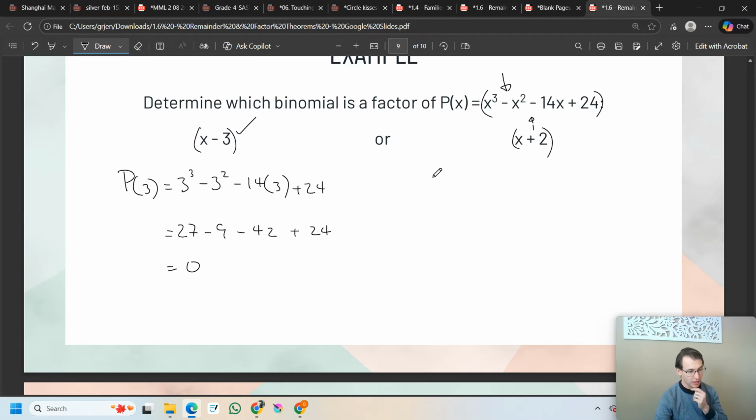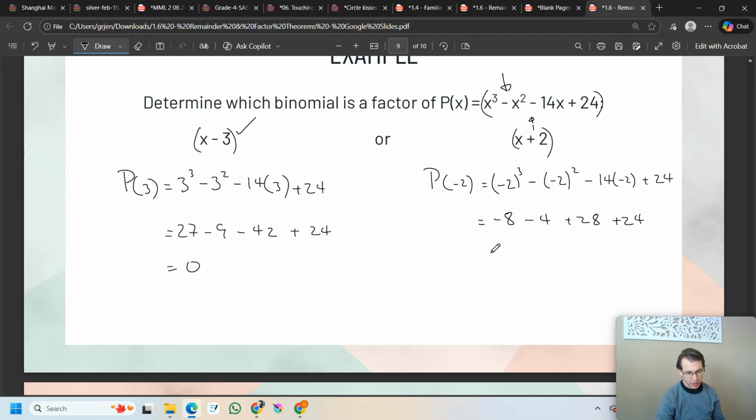How about this one, x plus 2? Well, let's try it. p at minus 2 is equal to minus 2 cubed minus minus 2 squared minus 14 times minus 2 plus 24. Let's evaluate. Negative 8 minus 4 plus 28 plus 24.